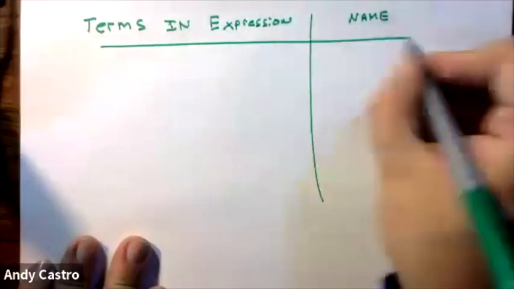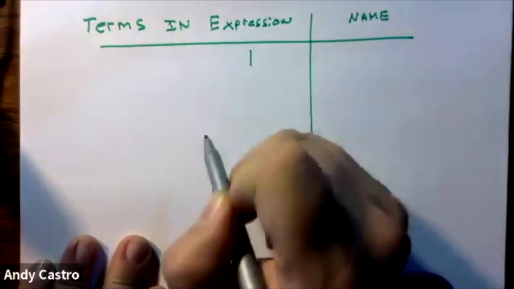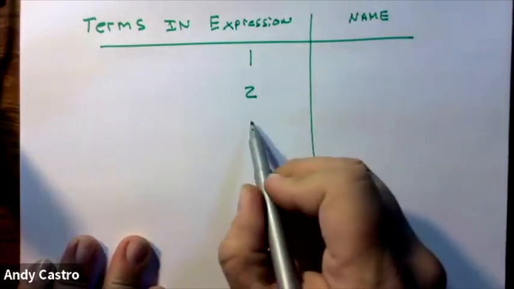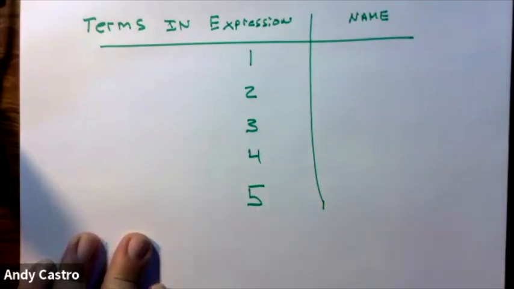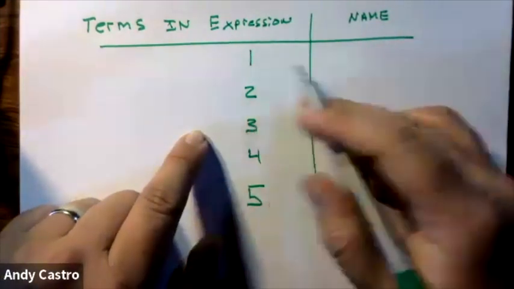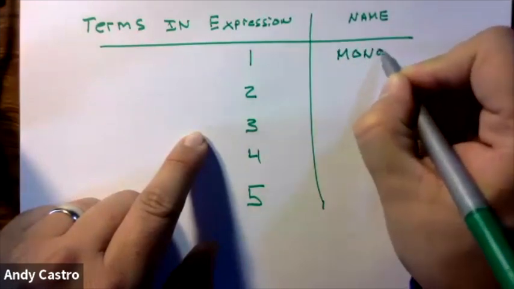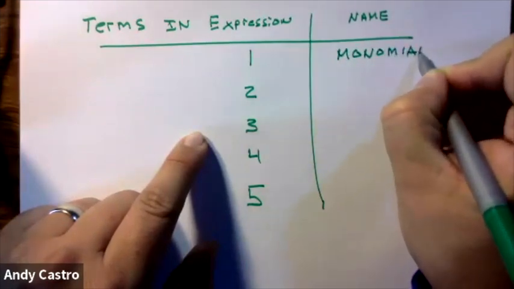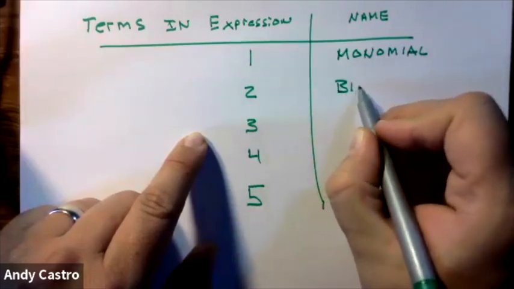Okay. All right. 1 term, 2 terms, 3 terms, 4 terms, 5 terms. If there's 1 term, what's its name? Monomial. If there's 2 terms, it's called a binomial.